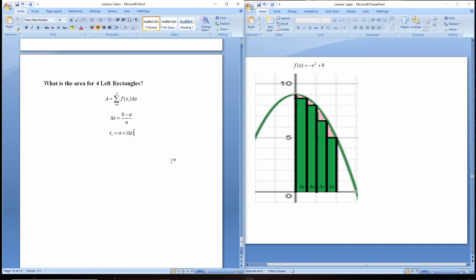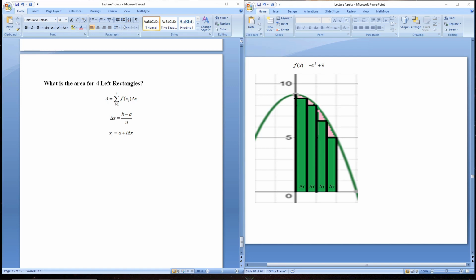These are our 3 equations for left rectangles. Now remember, these first 2 are always the same whether it's left or right. The only thing that changes for left and right is your x sub i values. So here are the x sub i values for left rectangles.